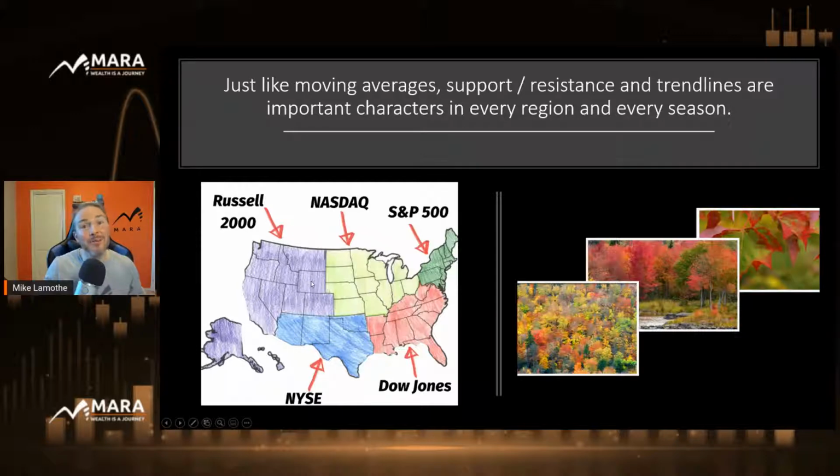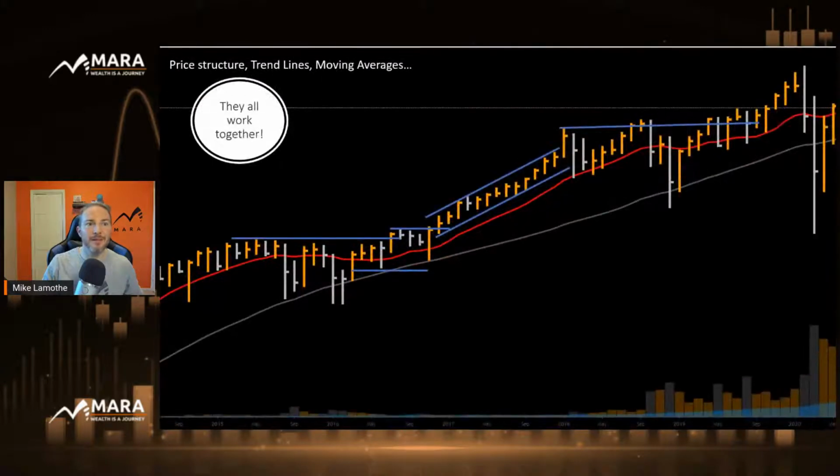And they're all affecting one another. And we have the different seasons, right? And in all the seasons, you can see the different types of change from largest to smallest. The same exact thing applies with price structure, with trend lines, and with those moving averages.